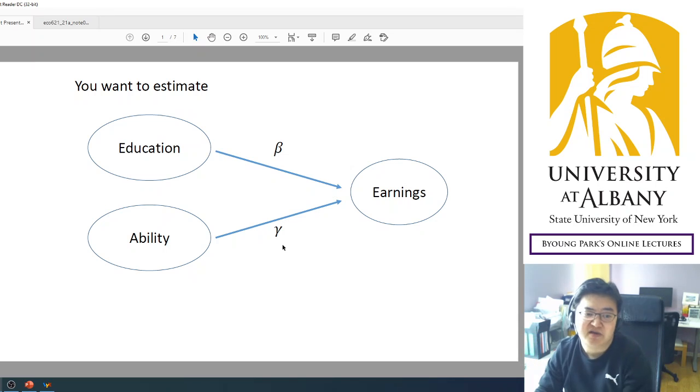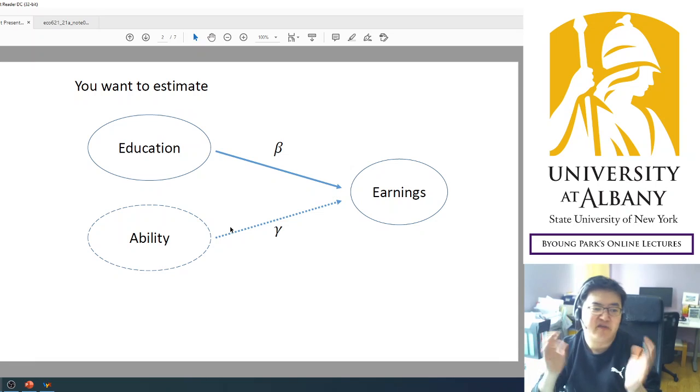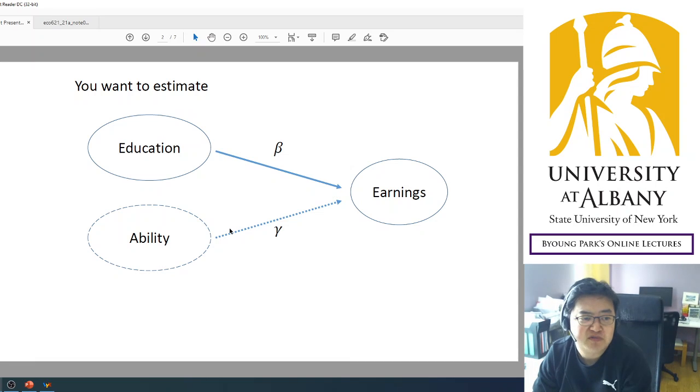In the true relationship, however, the problem is that ability is not observed. You never observe the true ability. It's say diligence or your passion, your hardworkingness, or many different abilities that are not observed.